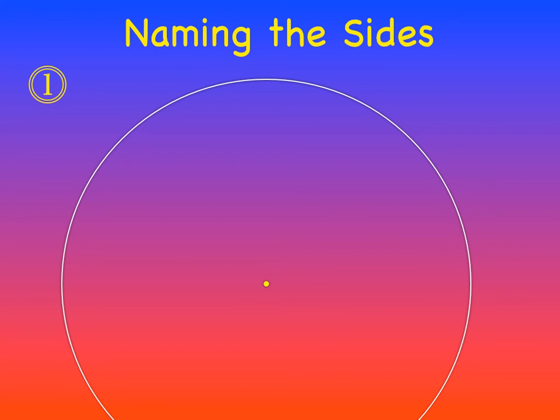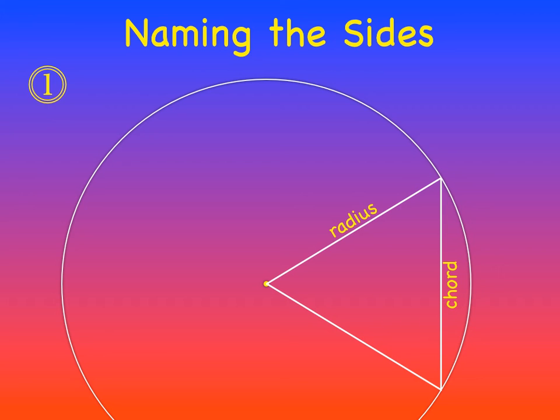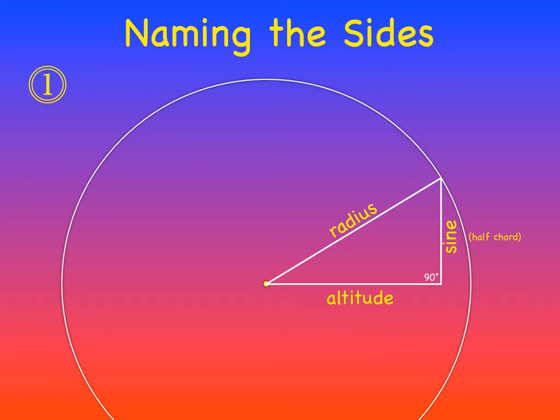And one other way, we start with a radius, a chord, another radius, the altitude, which makes a right angle. Erase half of the chord, so you just have a sine. Get rid of the extra radius that we don't need. And we have sine, altitude, radius.